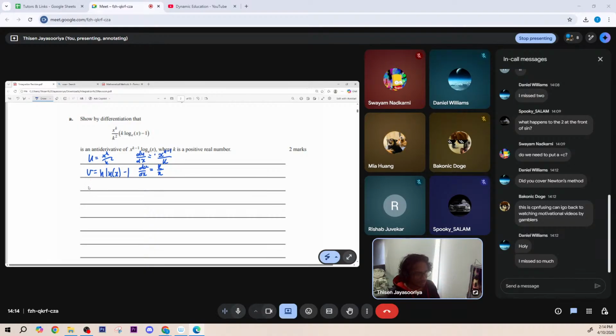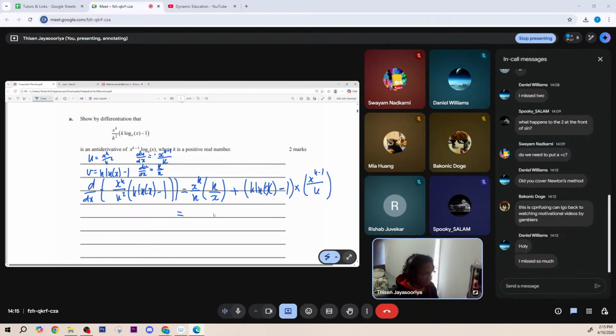So then we can say d on dx of x to the power of k over k squared, k ln of x, take away 1, is equal to, we use the product rule here, we have here x to the power of k over k squared, we have here k over x, plus, here we have k ln of x, take away 1, times by k x to the power of k take away 1 over k.